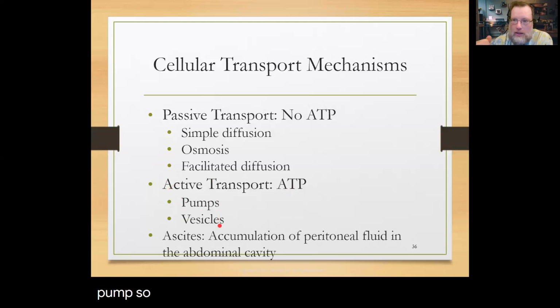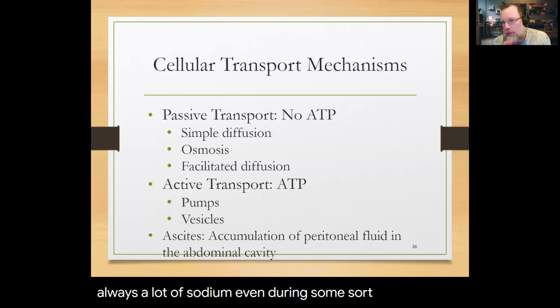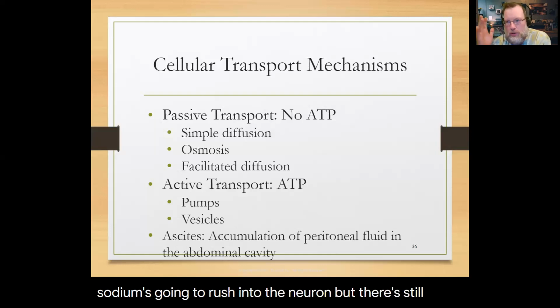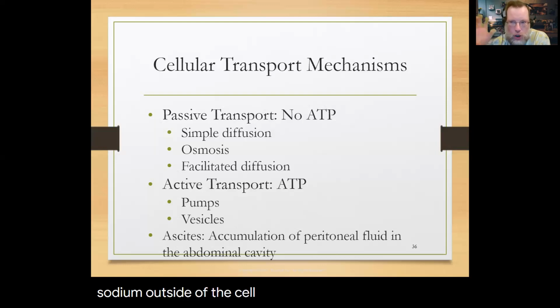So this is where the sodium potassium pump or the calcium pump plays a role. Outside of a neuron, there's always a lot of sodium. Even during some sort of stimulus, sodium's going to rush into the neuron, but there's still more sodium outside of the cell. There's always more sodium outside of the cell.